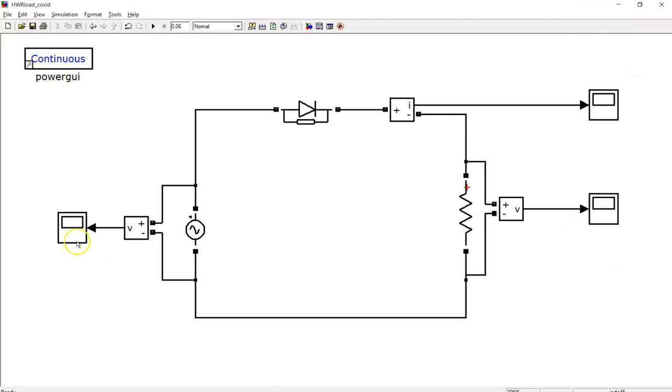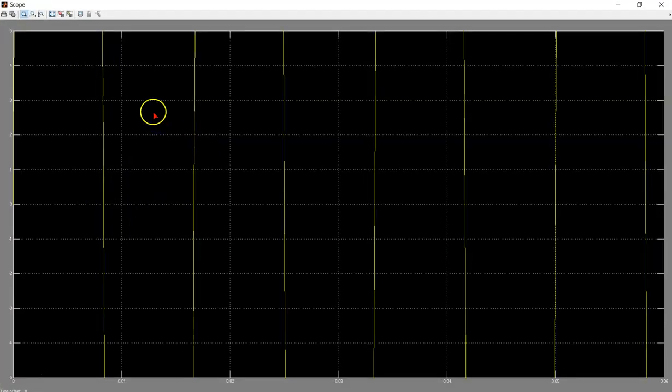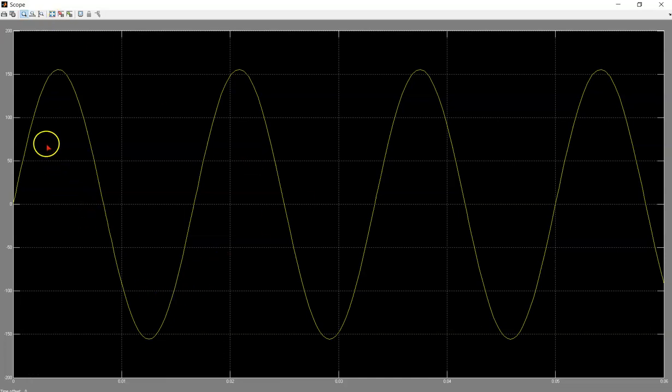Now we look at the graph. When you click the scope button, it always shows the default setting. So what you need to do is click the button called auto scale. Auto scale means that we perform automatic scaling.